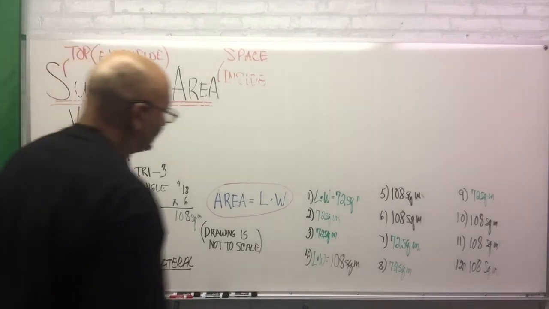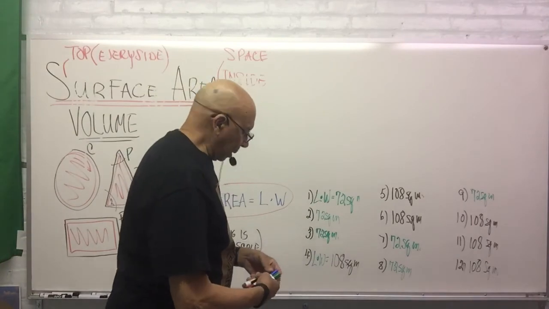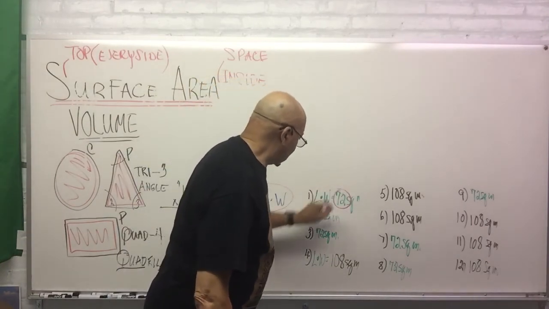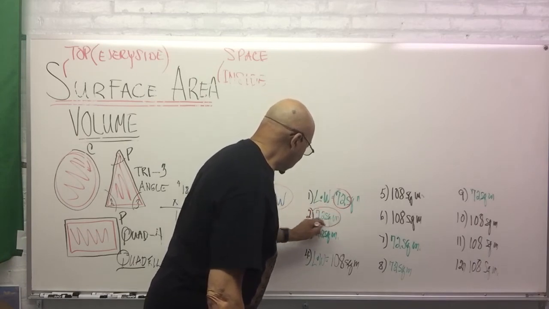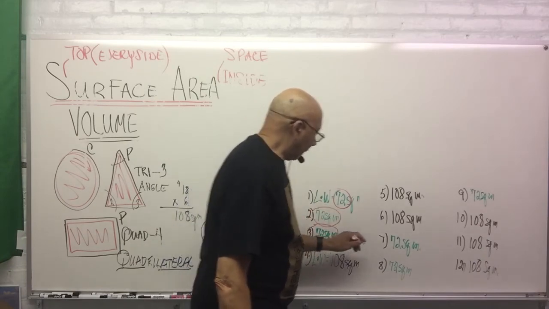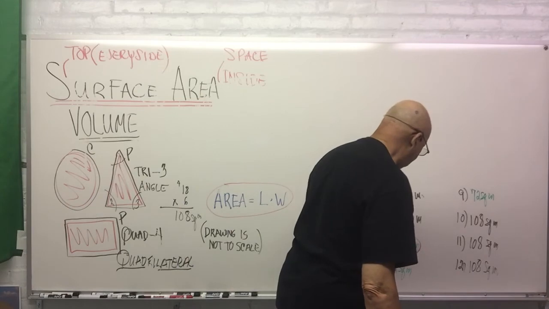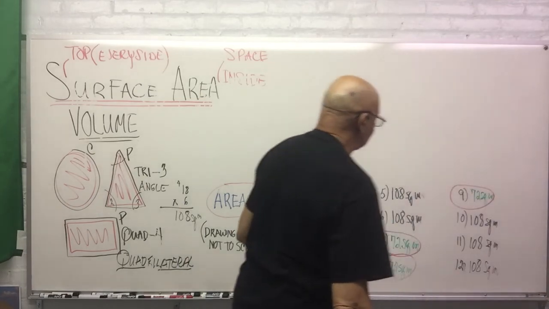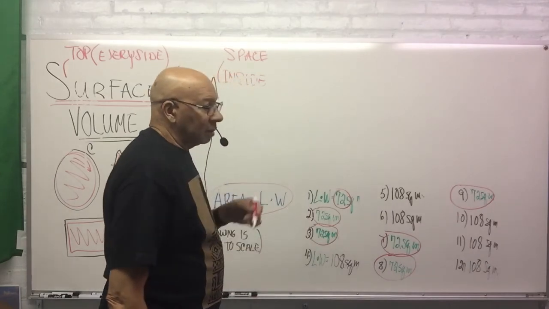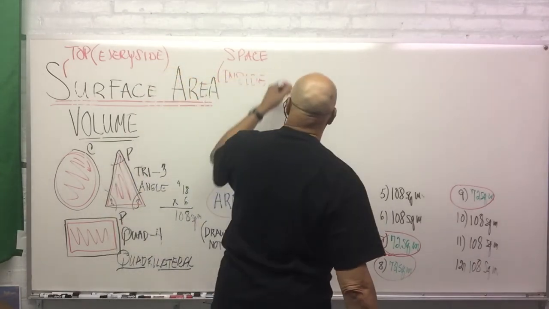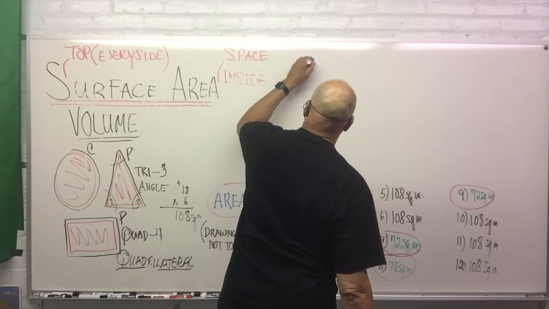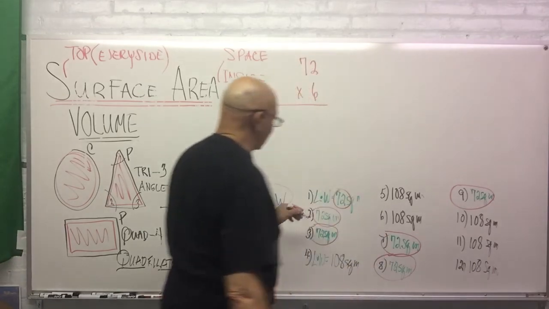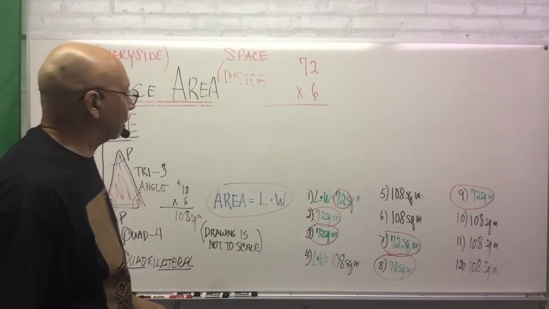So I have, let's see, how many 72s do we have? 1, 2, 3, 4, 5, 6. So rather than me adding 72, 72, 72, I know you figured out that we could just say 72 times 6 will tell us what all those would add up to.